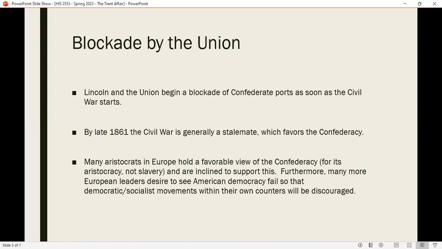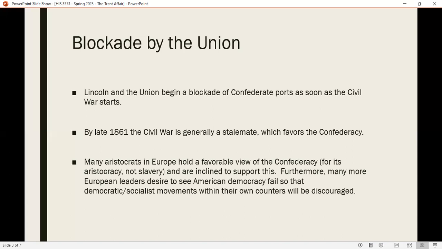The Trent Affair is going to take place in late 1861, November and December, and then into early January 1862. And understand that at this point in 1861, and Dr. Kelly may go over some of what's going on in the war prior to this, it's generally a stalemate for all intents and purposes. The Union has had some success.